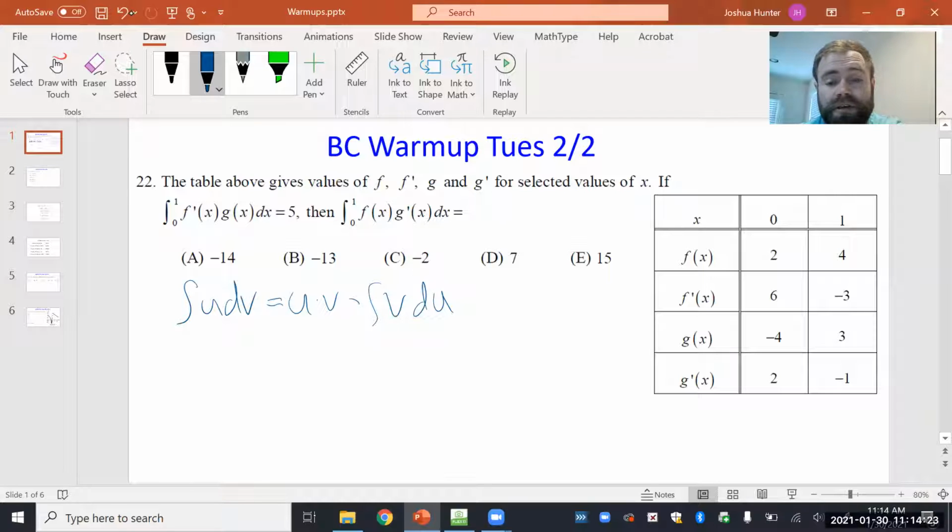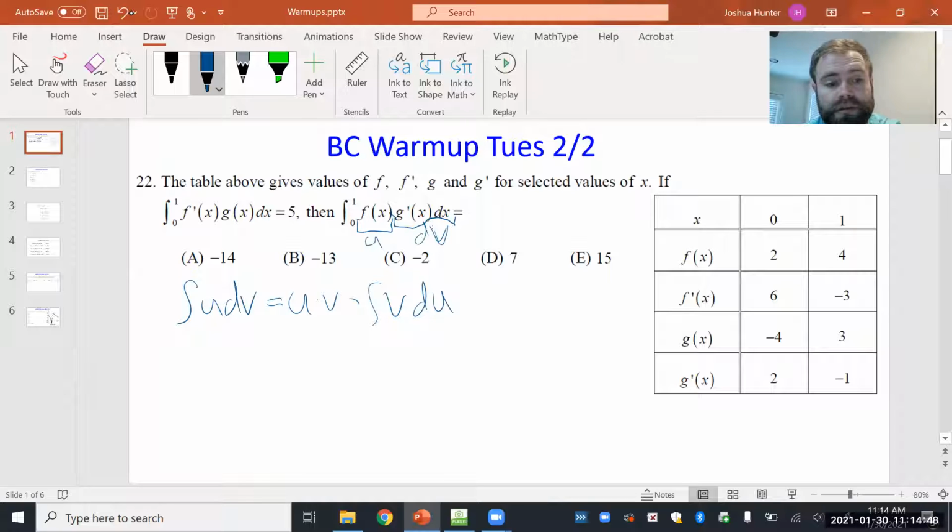Whatever we choose for dv, we have to be able to integrate it. I can't integrate f because I don't know its antiderivative. But I can integrate g prime because the antiderivative of g prime would just be g. So g prime of x dx is going to be our dv, and f of x is our u.